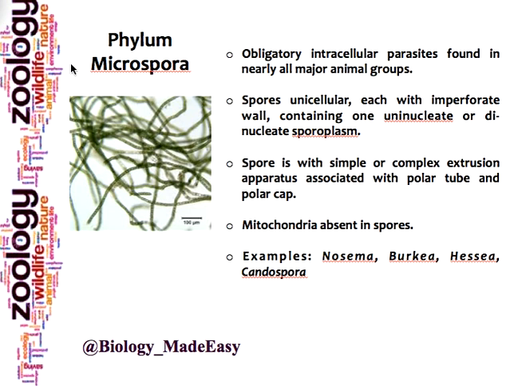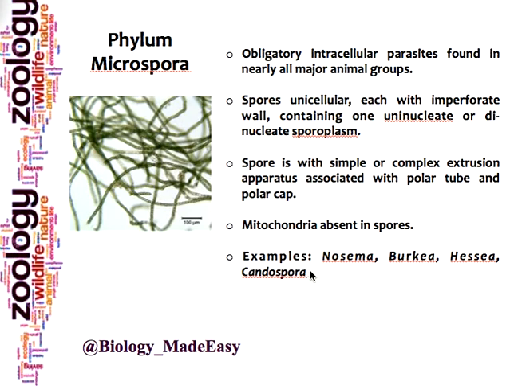Next, Phylum Microspora. They are obligatory intracellular parasites and their spores are unicellular, with a simple or complex extrusion apparatus. Remember that the spore of Phylum Microspora bears this extrusion apparatus that is important for host penetration, and mitochondria are absent in the spores.